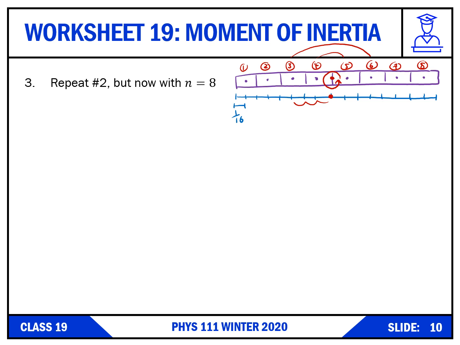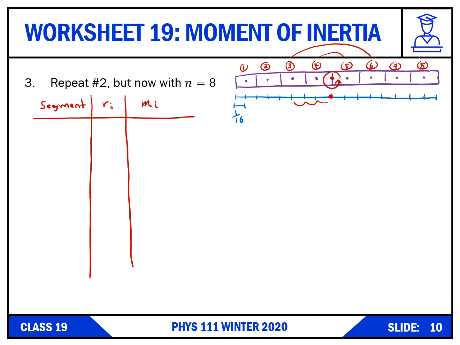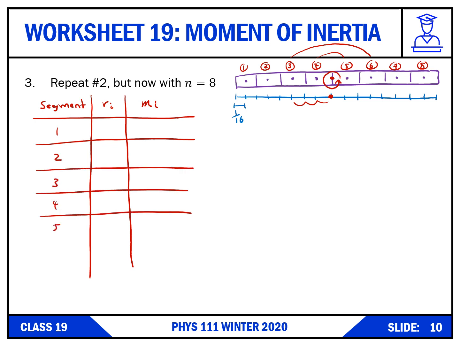So why don't we write that down? Actually, let's just make this easier. We have our segments, and we have our R values for each segment, and we have our mass for each segment. So we have 1, 2, 3, 4, 5, 6, 7, and 8.